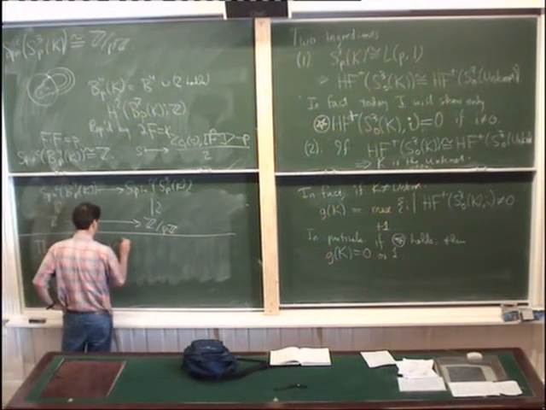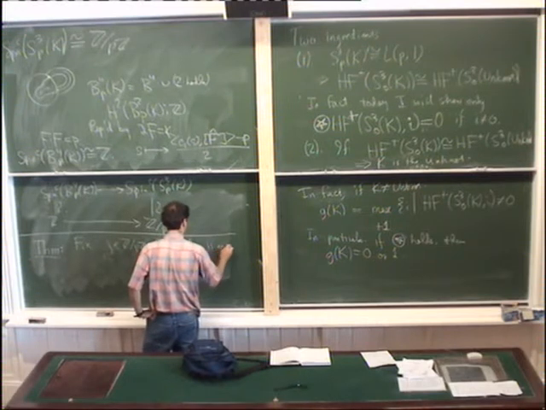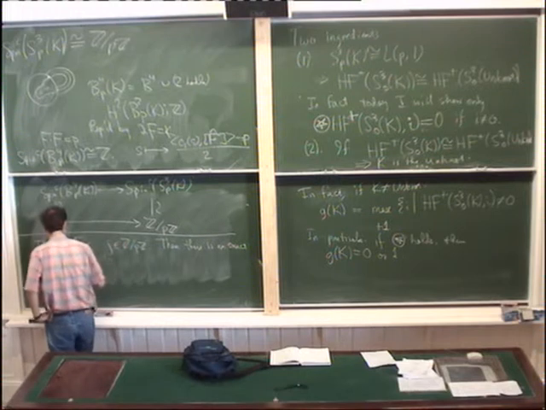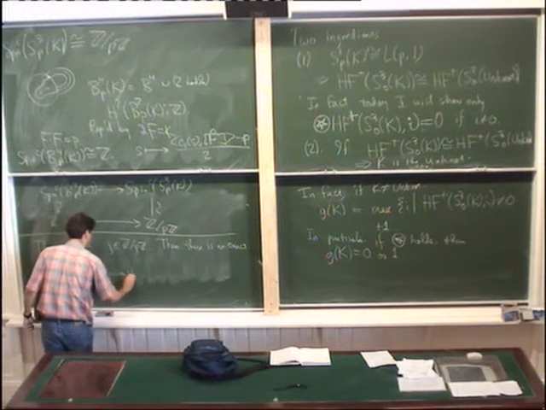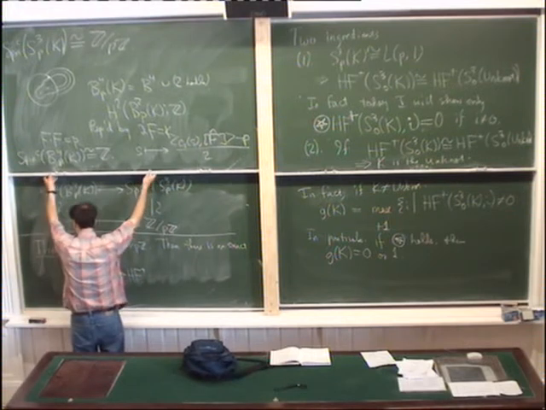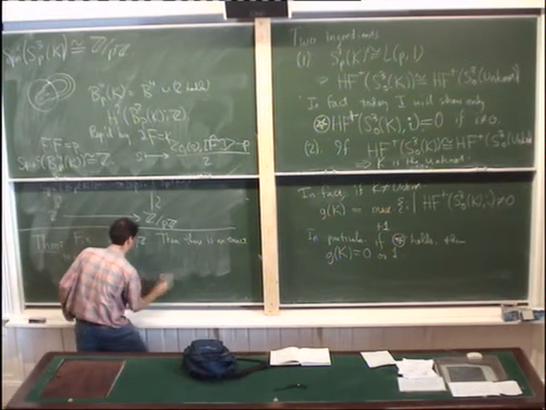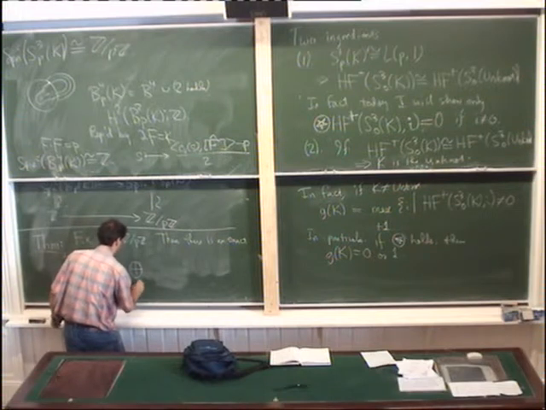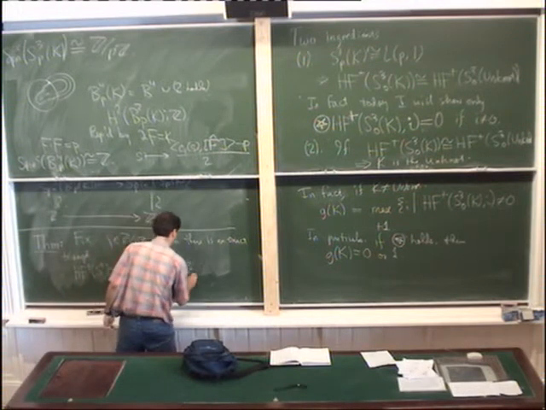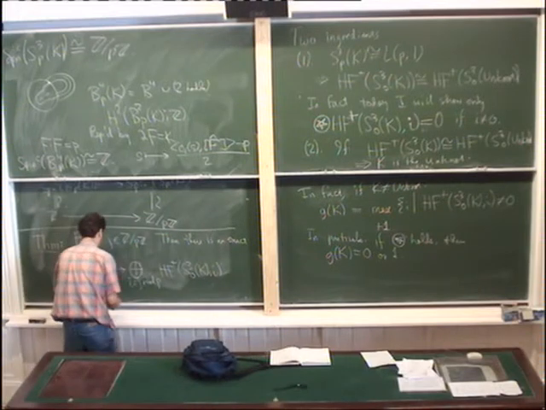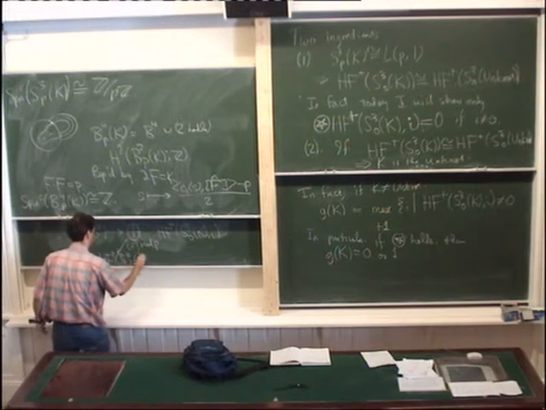That is to say, fix some J in Z mod P. Then there is an exact triangle: HF plus of S^3 mapping to HF plus of S^3_0(K), sorry, I want to take the sum over those I which are congruent to J mod P of HF plus S^3_0(K), I, and that in turn maps to HF plus S^3_P(K), J.